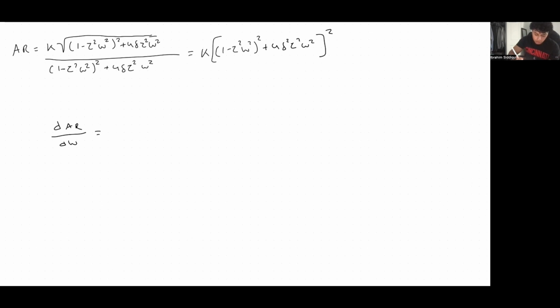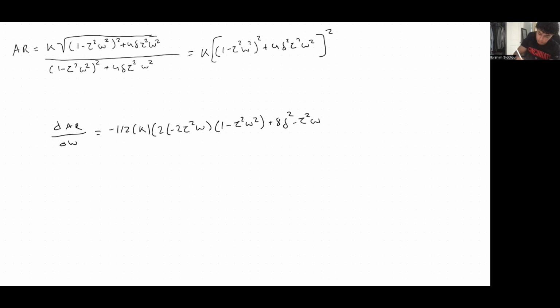Because we're looking at essentially a quadratic, taking the derivative gives us negative 1/2 times K, which is essentially just our constant here, multiplied by 2 times negative 2 tau squared omega, multiplied again by 1 minus tau squared omega squared plus 8 delta squared tau squared omega.